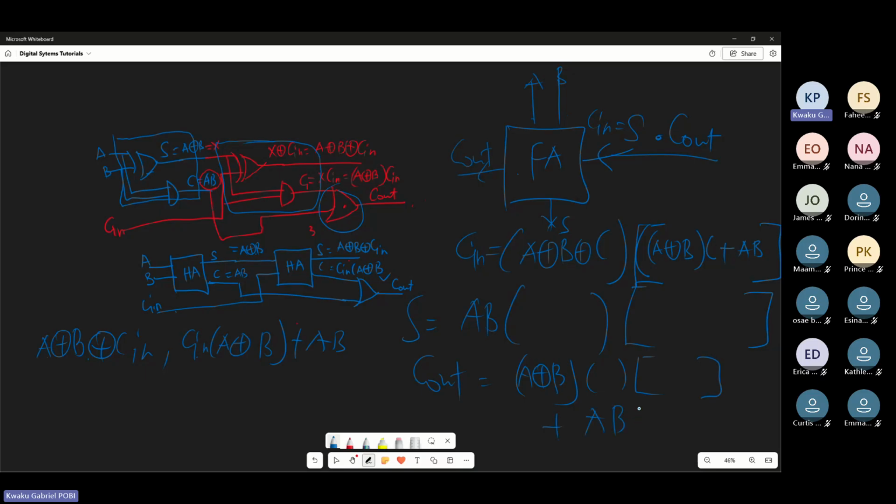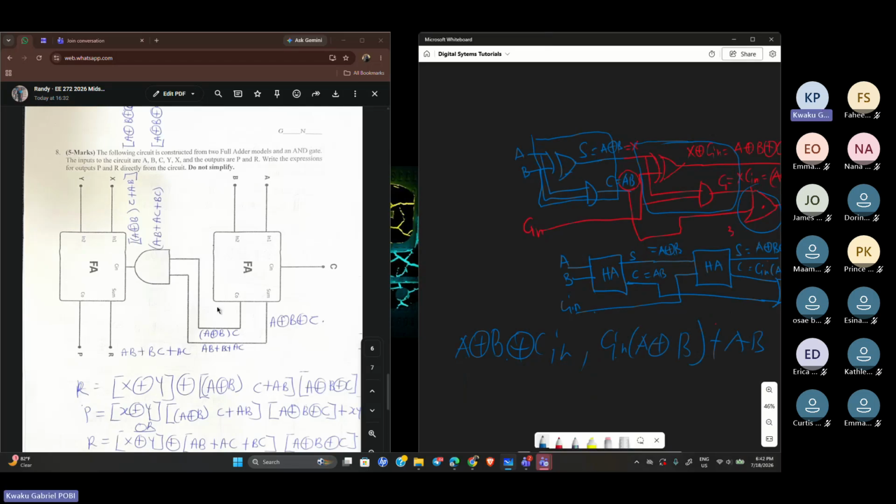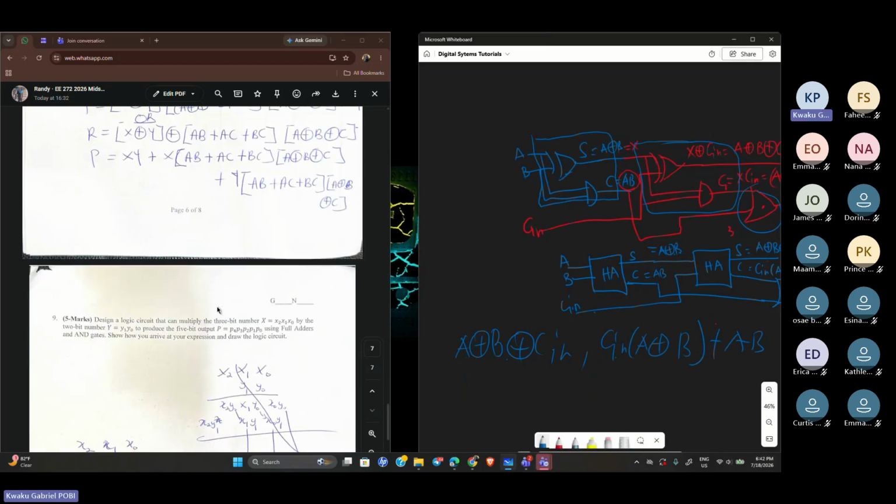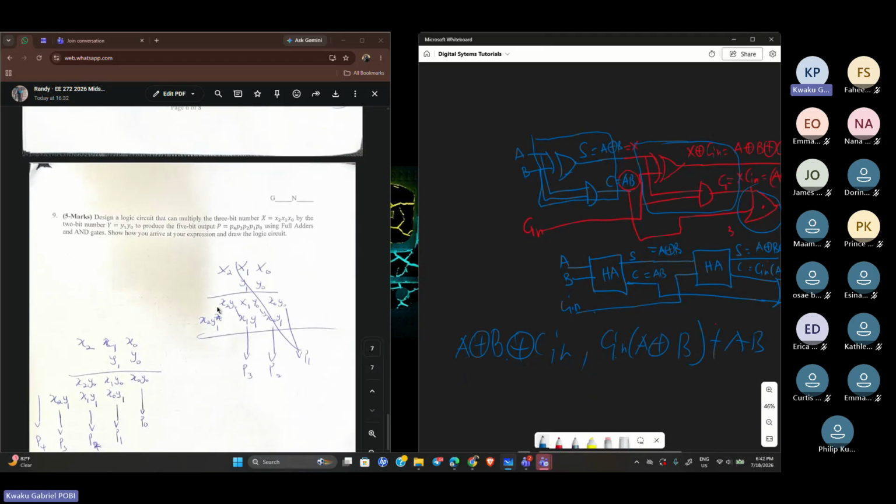Then you are done with the question. So that was what the question demanded from you. So here you can place them, XOR C, and then here is A XOR B, times C plus AB. You can do the same here. That'll be your sum and then your carry out. Then you get your 4-5 marks. That's all. So he wanted you to just know the expressions for finding the full adder.